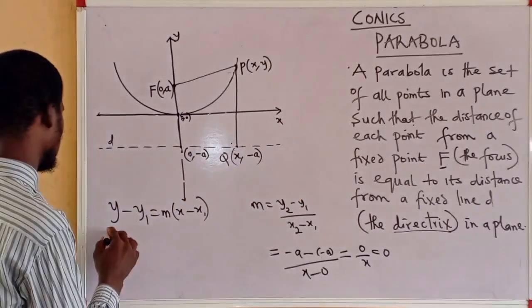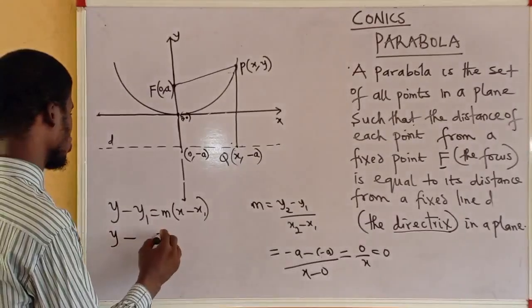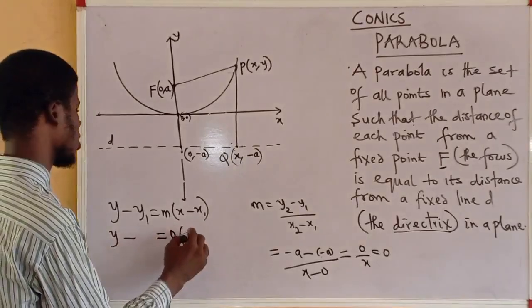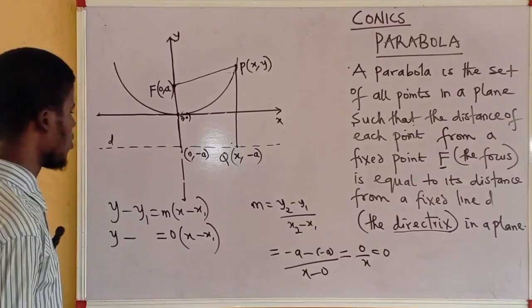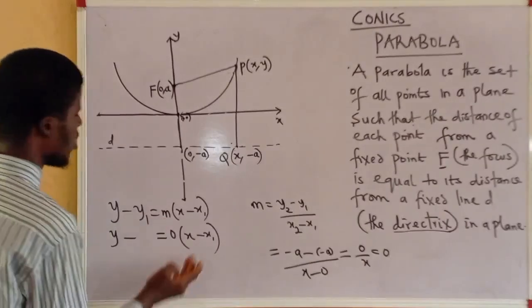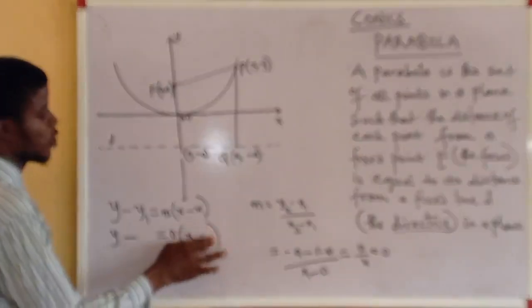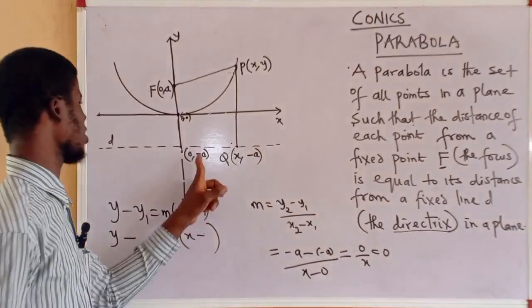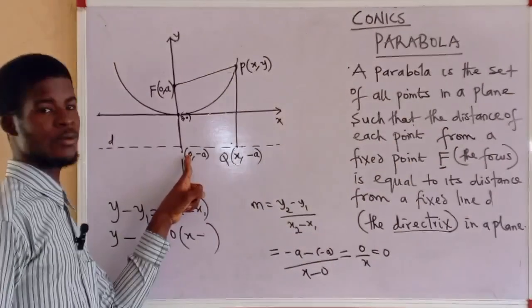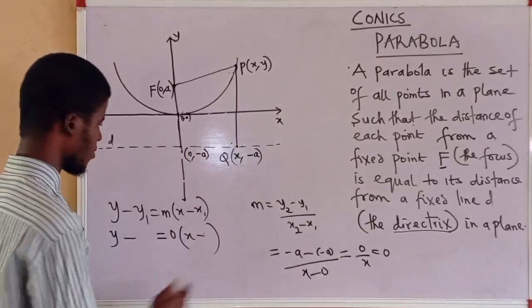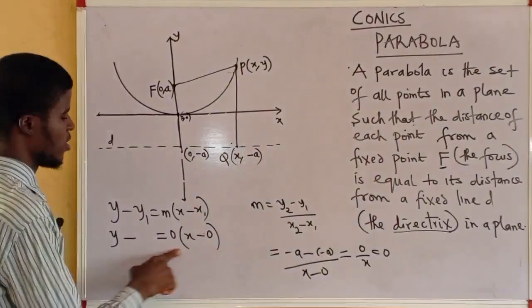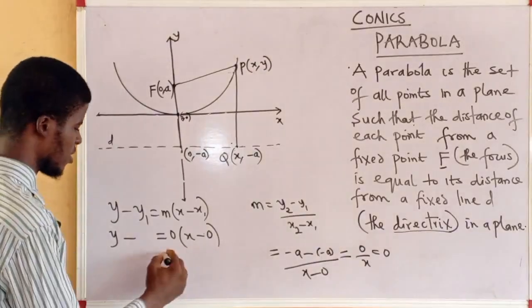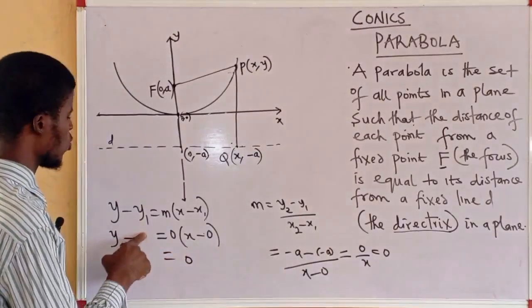That means we are saying that y minus y1 is equal to 0 times x minus x1, because the gradient is 0. Actually, x1 here is 0, right? This will give us 0 at the end. 0 times everything here is still 0. What's y1?